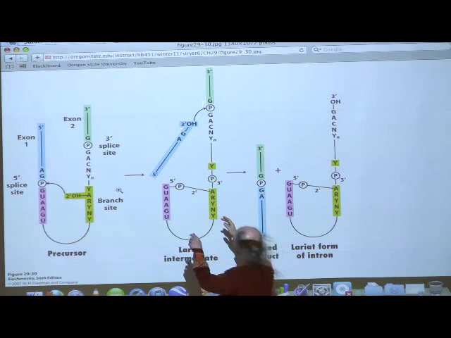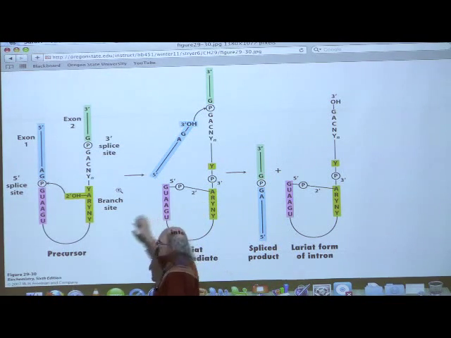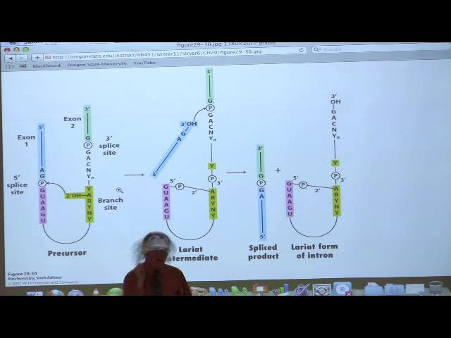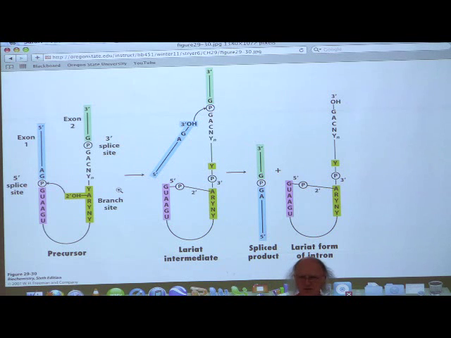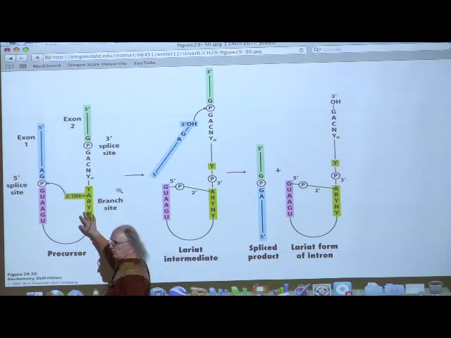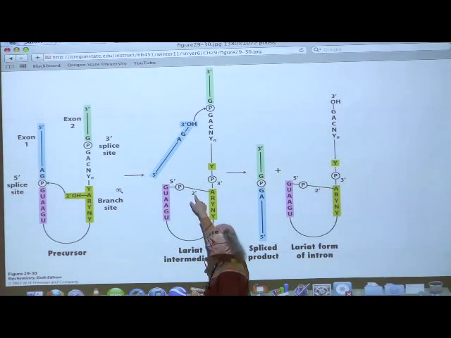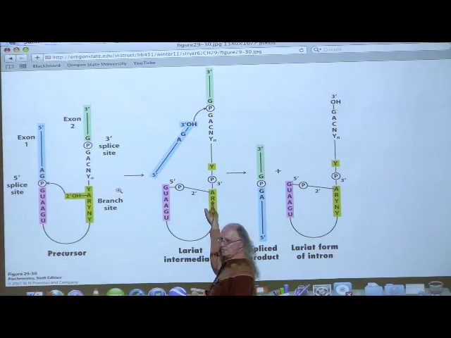Now, before I tell you what happens up here, I want to tell you what we've got right here. What we have right here is something very unusual. In eukaryotes, we see some unusual bonds. Remember, we had the cap sequence, the only place we saw a 5' to 5' linkage? Here is an example of an unusual linkage, where we see a 2' to 5' phosphodiester bond that's been created.